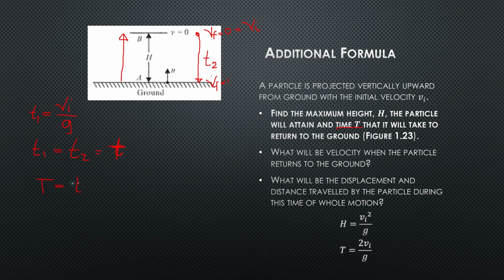So I could say that this is t1 plus t2, which is equivalent to vi all over g plus vi all over g, because we say ascent is equal to descent. So therefore that becomes 2 initial velocity all over g.